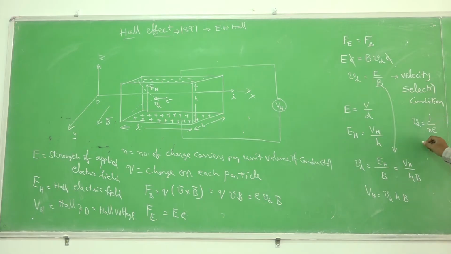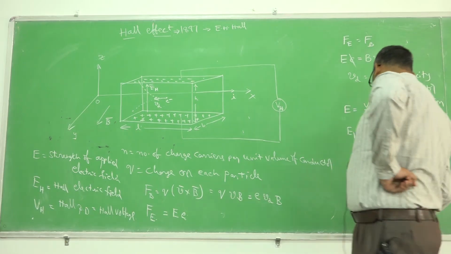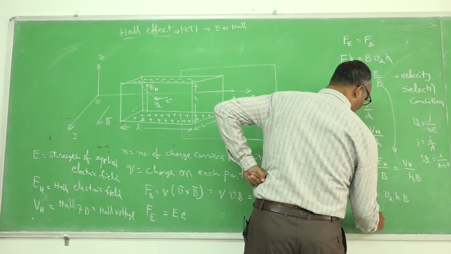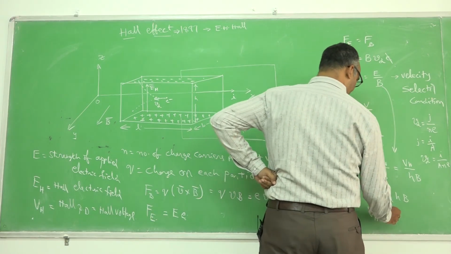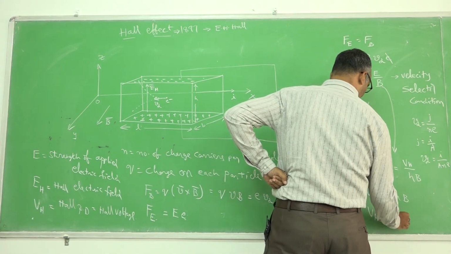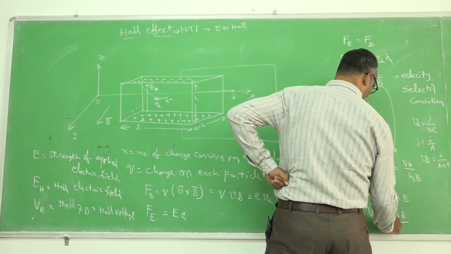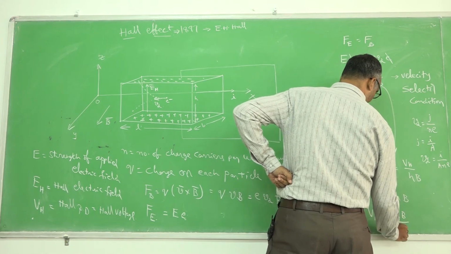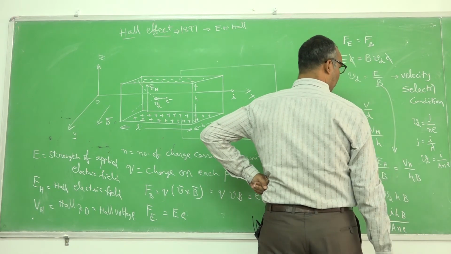Okay, J means current density, J is given by I by A. Vd can be written as I by ANe. So if you substitute it here, Hall voltage is given by I h B by A N e.